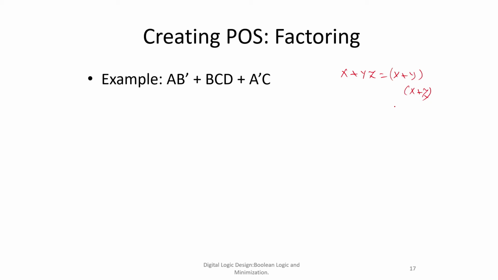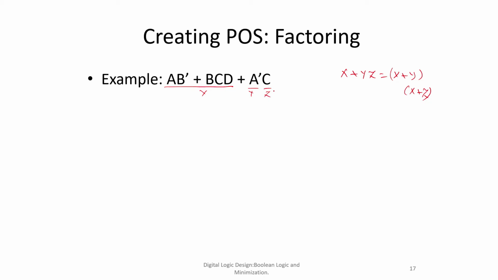Now let us say if I want to do factoring, what will I keep as x, what will I keep as y? These things are a little bit tricky, but we can take any of them. Let us say we take this whole as x, this as y, and this as z.